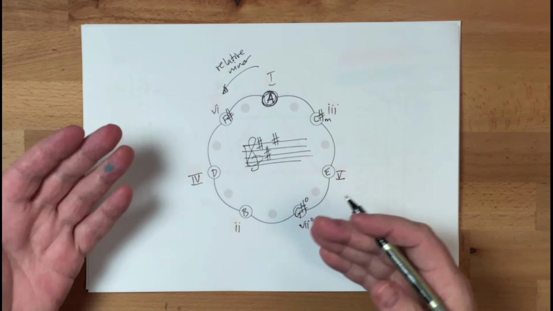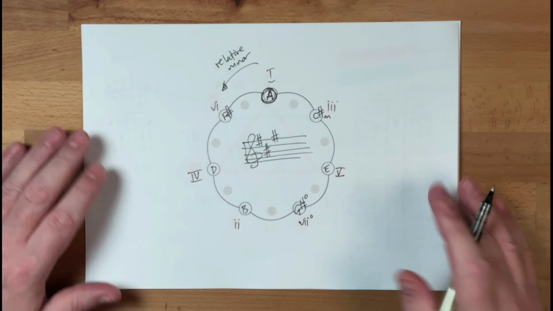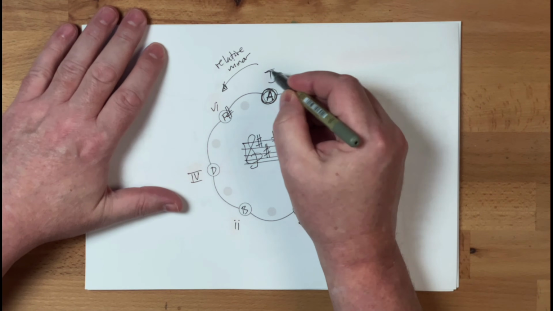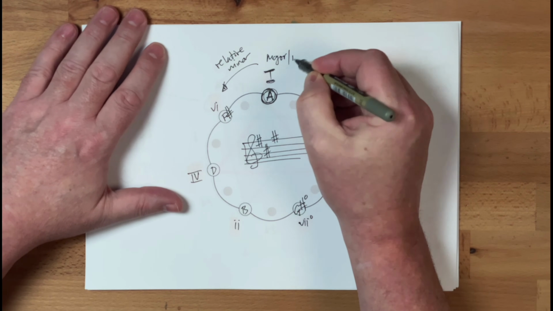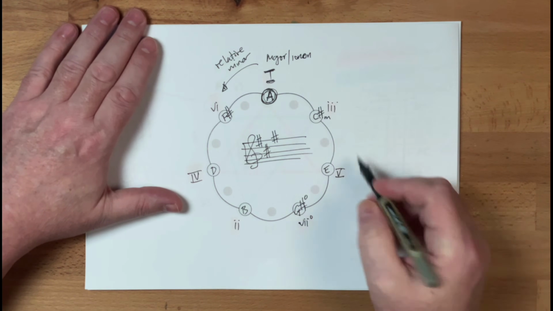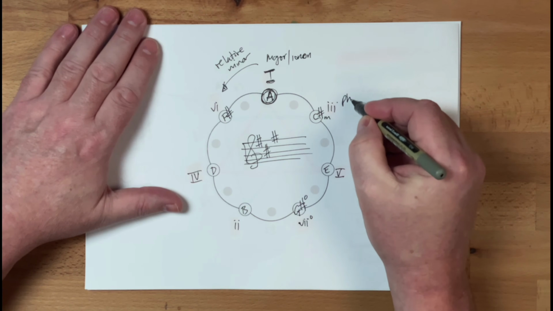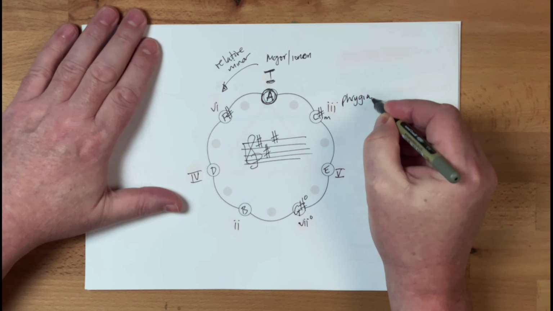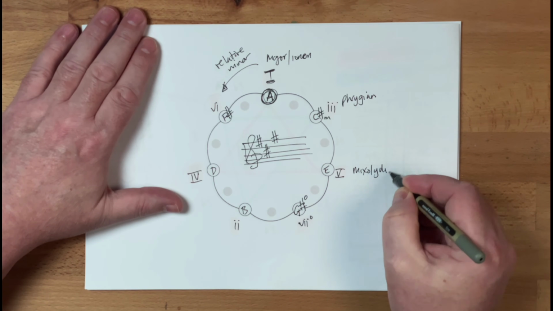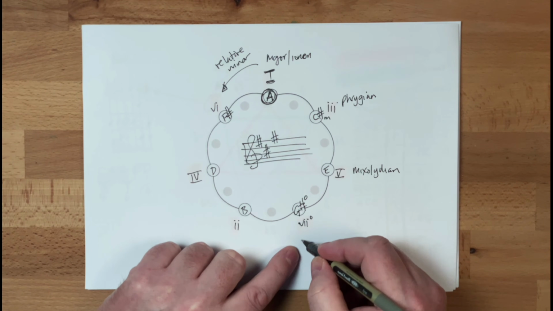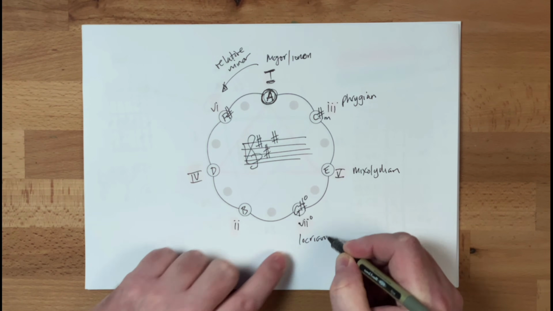So what we've done is we've spelt those out there, and what you can do is you can say to yourself, okay, let's look at the equivalents of that. Well, we know that that's major or Ionian. Right? We know that this is Phrygian. Yeah, we know that this is Mixolydian. Right? We know that this is Locrian, because it's related to chord 7.